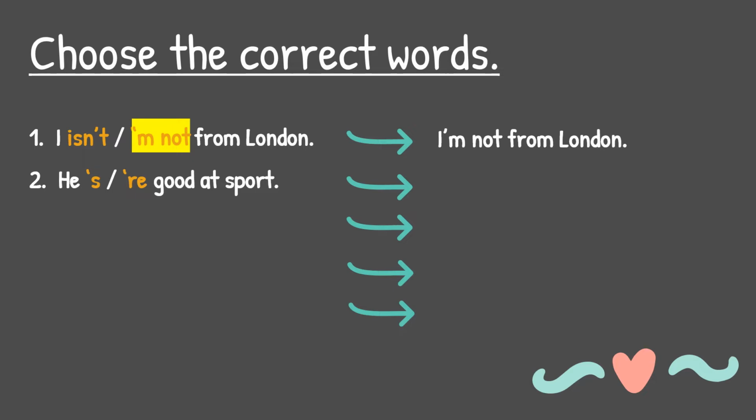Singular means one. Plural means more than one. So the keyword here is he. He is singular or plural? Yes, he is singular. So the answer is he's good at sport.